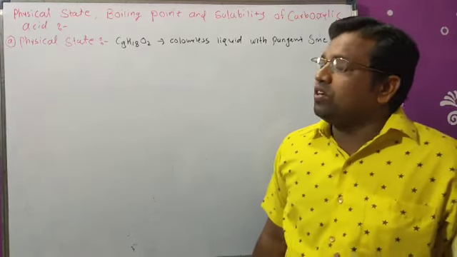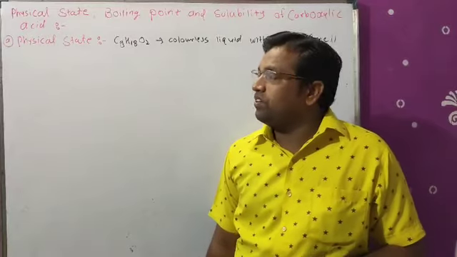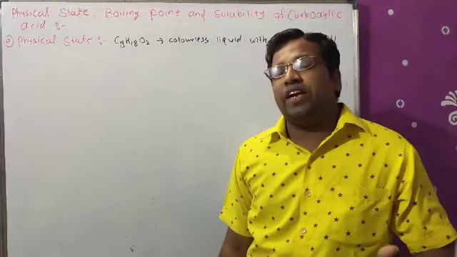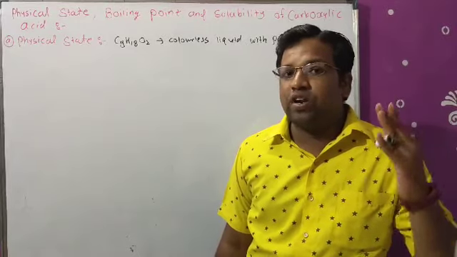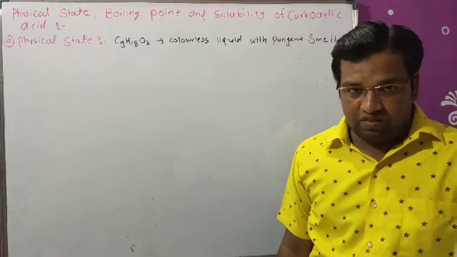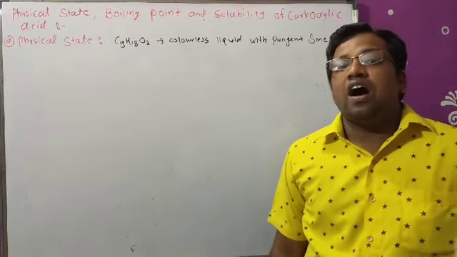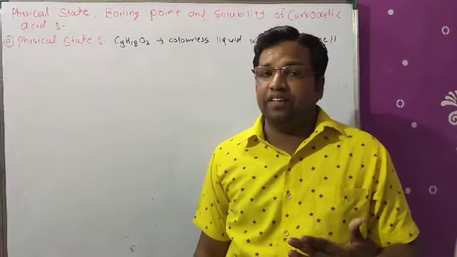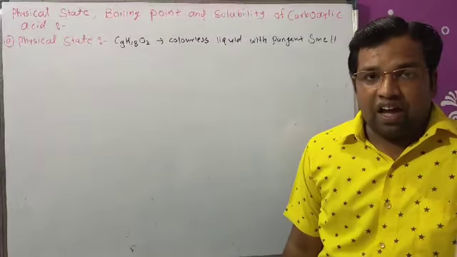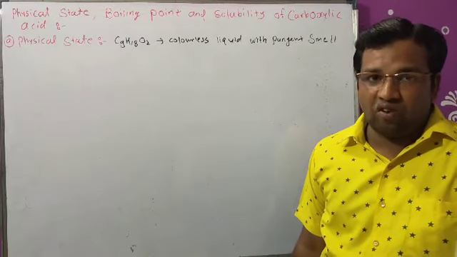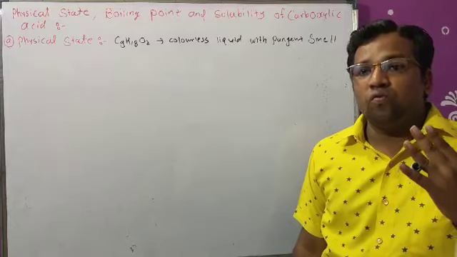So the first point, the physical state: the lower aliphatic carboxylic acids up to 9 carbon atoms are colorless liquids with a pungent smell, but the higher members of carboxylic acids are colorless, odorless, wax-like solids having low volatility.